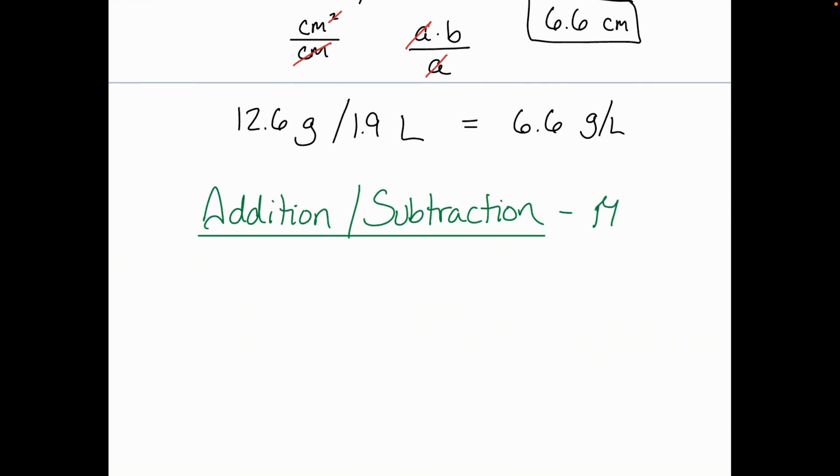Your units must match. Okay? You cannot subtract grams from centimeters. It just doesn't make any sense at all. You can subtract centimeters from centimeters, but the units of your inputs have to match in order for that operation to make any sense.